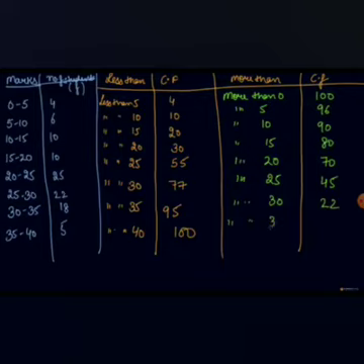More than 35, 23 minus 18, that is 5. And more than 40 are 5 minus 5, 0. Nobody scored more than 40. So we have found the cumulative frequency for the less than and the more than ogive.